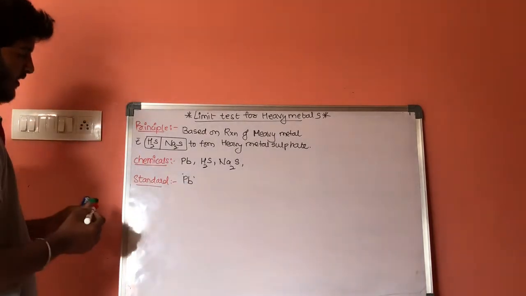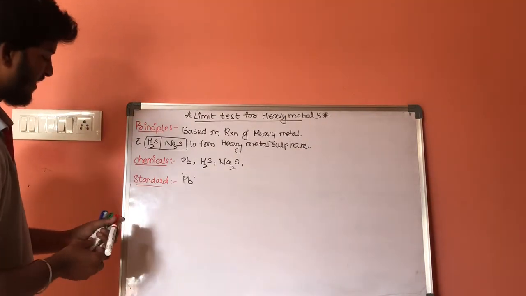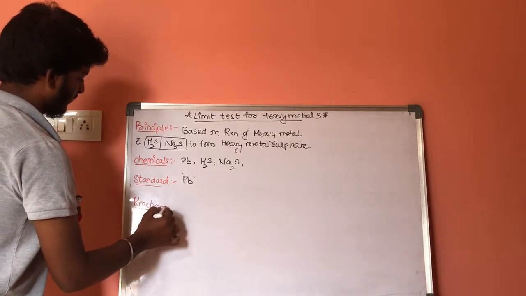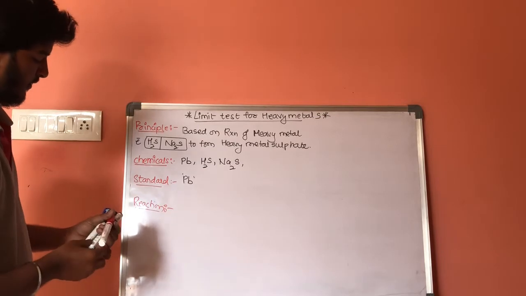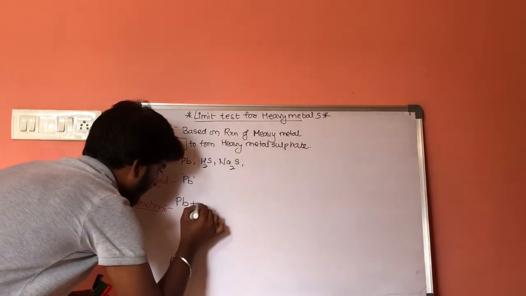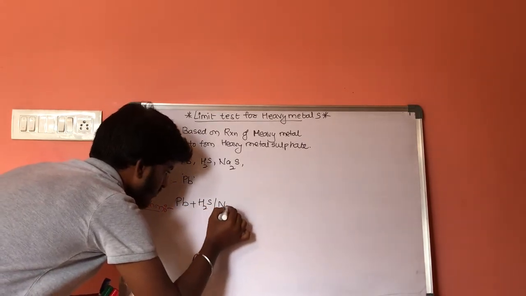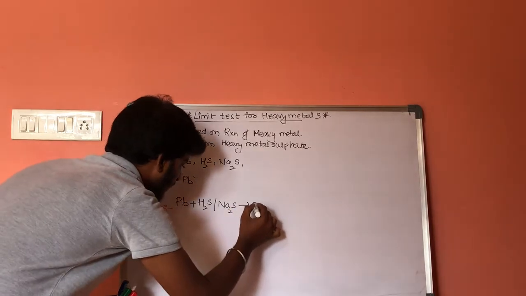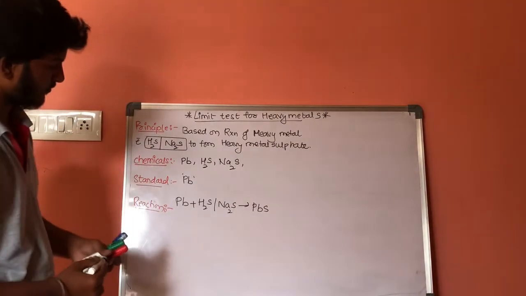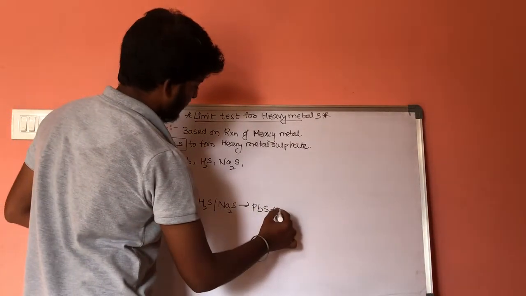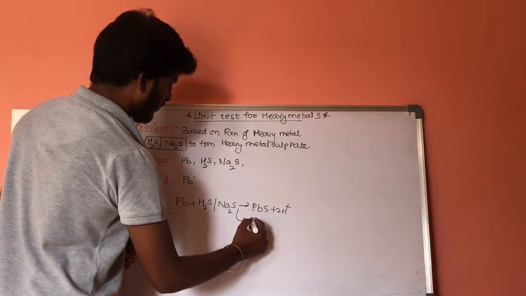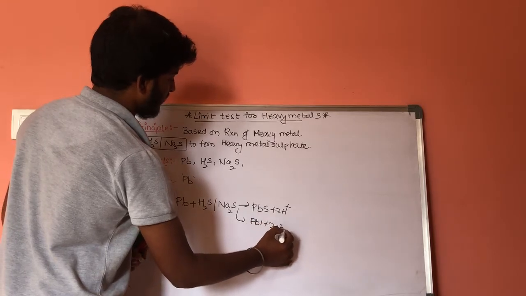Lead will be used, and if we consider a reaction, it will be like this: lead reacted with hydrogen sulfide or sodium sulfide to form lead sulfide, plus 2 moles of H plus, or else lead sulfide plus 2 moles of sodium ions.